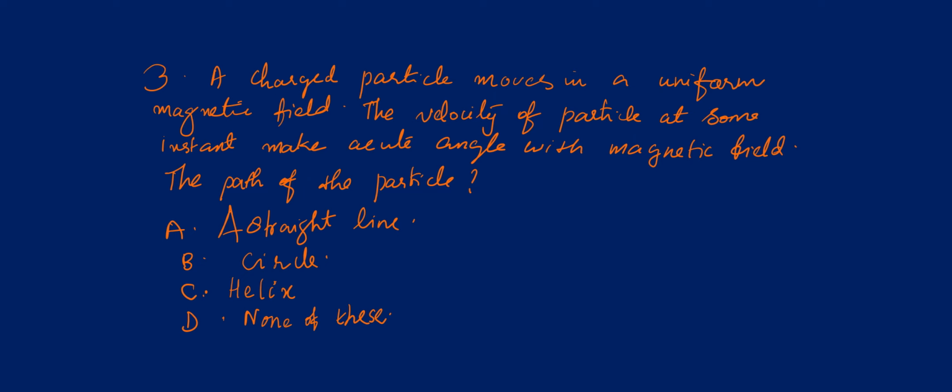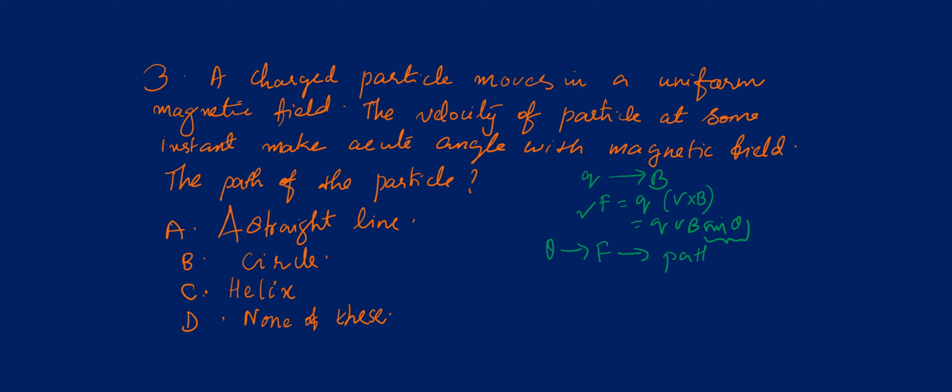A charged particle moves in a uniform magnetic field. The velocity of the particle at some instant makes an acute angle with the magnetic field. The path of the particle? We know that when a charged particle enters a magnetic field, it experiences a force equal to q into v cross B, or qvB sin theta. That means when theta varies, force also varies. So let us check for different angles what happens to the force and what happens to the path.